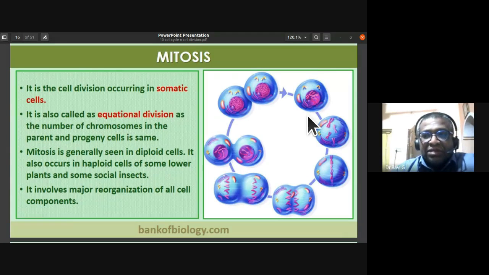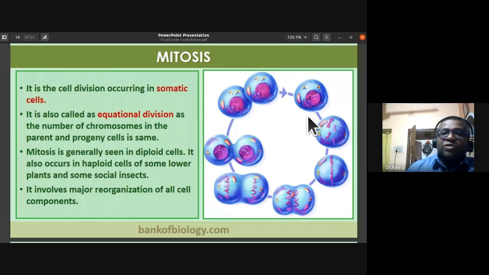So mitosis is termed as equational cell division, where you can notice the number of chromosomes in the parent and the progeny cells, which we usually call as daughter cells. It is going to be the same. See, if you're going to take the example of human beings, the diploid number is 46 chromosomes.